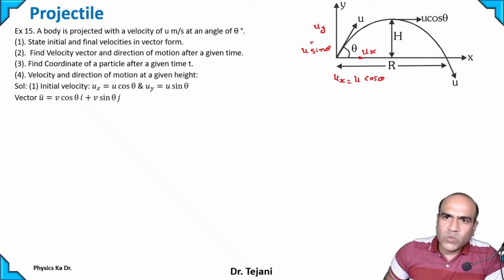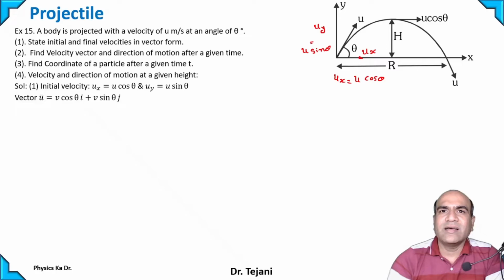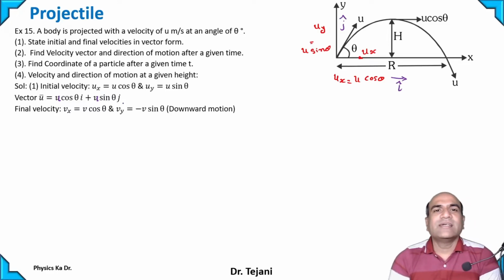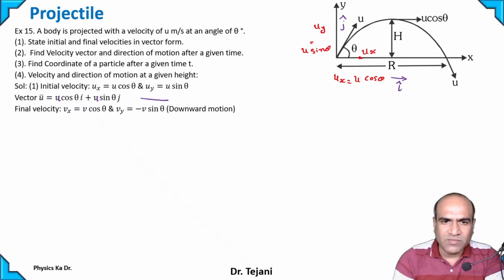So if you want to represent this in vector form, here we just need to have the direction. I shows x direction and j shows y direction. So we can put initially u bar is equal to u cos theta i plus u sin theta j. So this is vector form. So we got the initial form of vector.